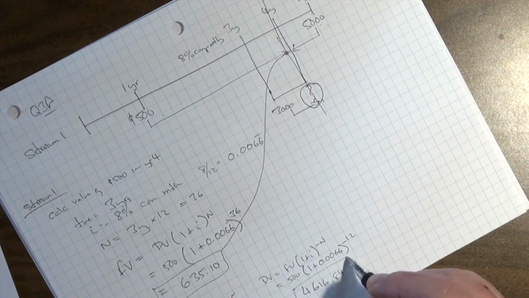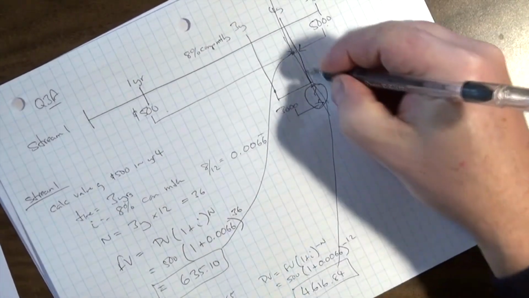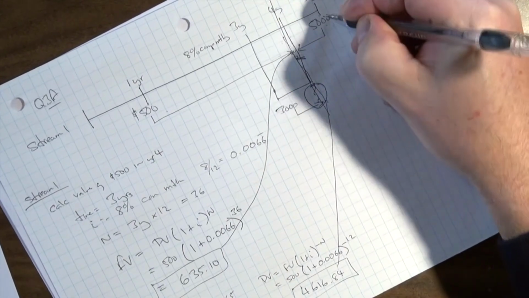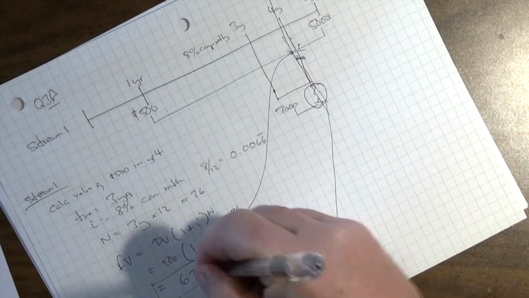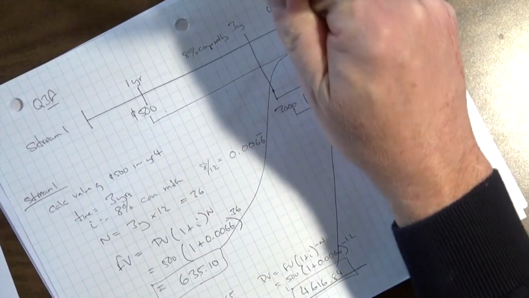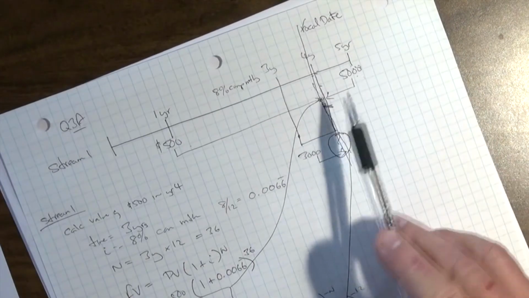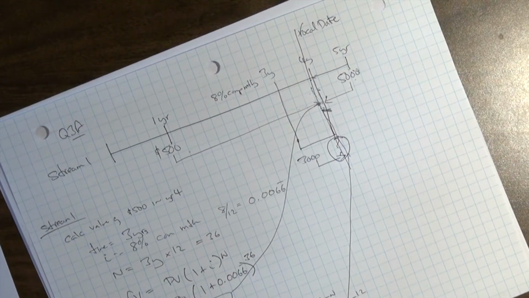Okay. So essentially, that is the value of the 5,000 from year 5 brought back a year. If we add these two together, we'll know the value of stream one at year four. So at year four, if we add those two up, that comes to $5,251.94. Okay, so that's stream one.